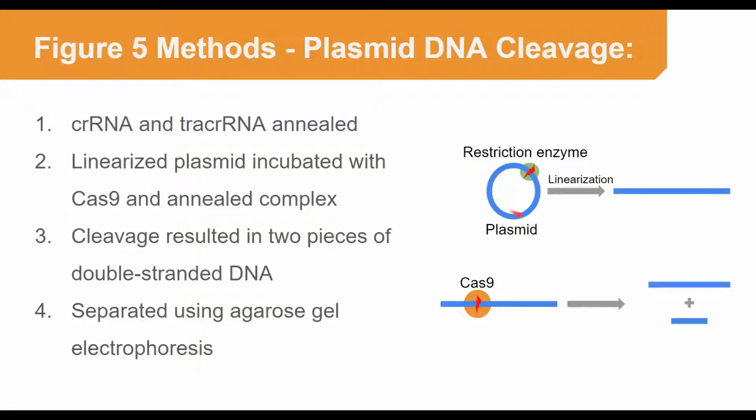You can see here that there's a circular double-stranded DNA plasmid, and there is a restriction enzyme represented in green. And the restriction enzyme will cut the plasmid at a specific site, and it will linearize it. This linearized plasmid can then be incubated with Cas9 in the annealed complex. And Cas9 will then cut the linearized plasmid, and this cut will result in two pieces of double-stranded DNA, one longer and one shorter. And due to the size difference, they can be separated using agarose gel electrophoresis.